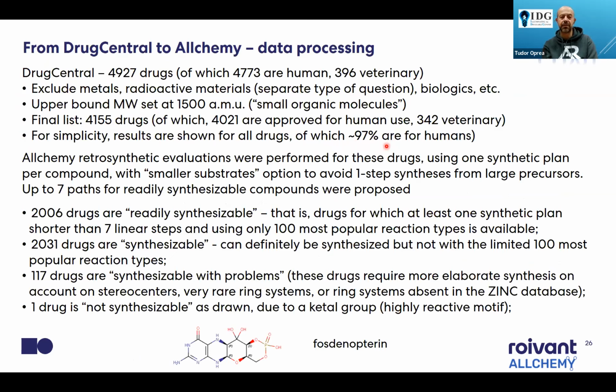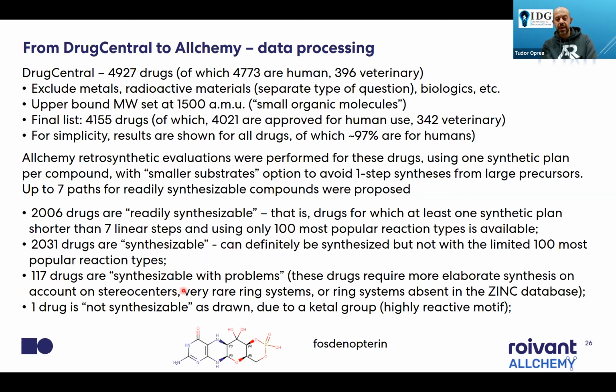And then it turns out that about 2,000 of these drugs you could make in up to 7 steps, starting from 100 of the most popular reactions. Another 2,000 are doable, but you have to expand that to almost 2,000 reactions. So that, of course, we're in the process of reorganizing and reevaluating to minimize that, because the goal is to build generative chemistry tools.